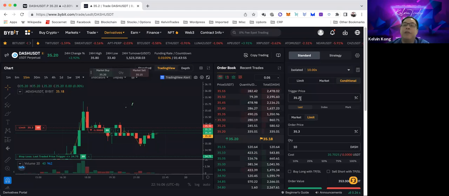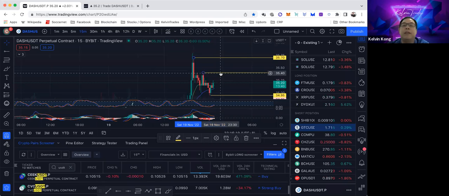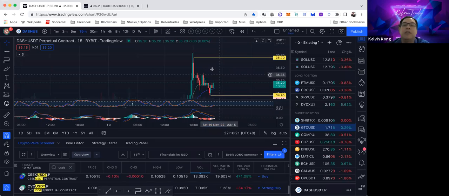Okay, guys, I cannot put a trigger price of 35.2 because the price is now 35.25. So this take profit, forget it. Let's take our TP1 higher, TP1 35.7.